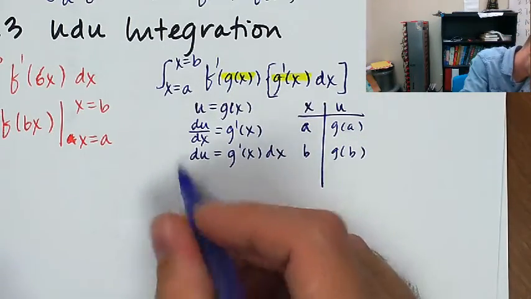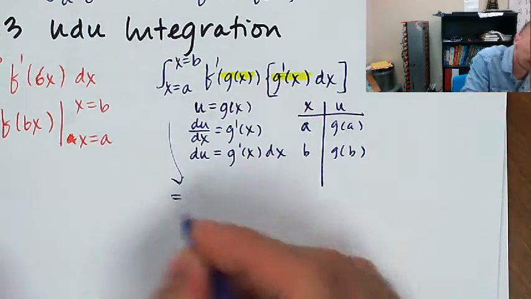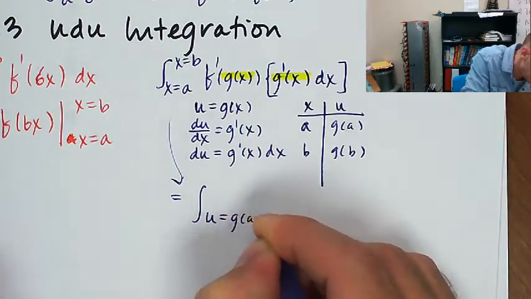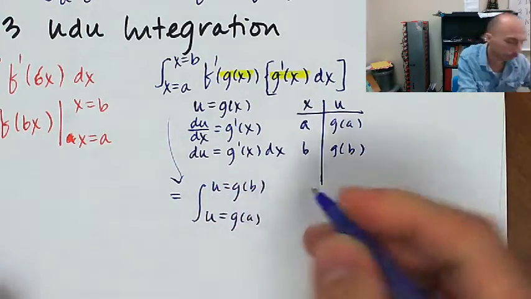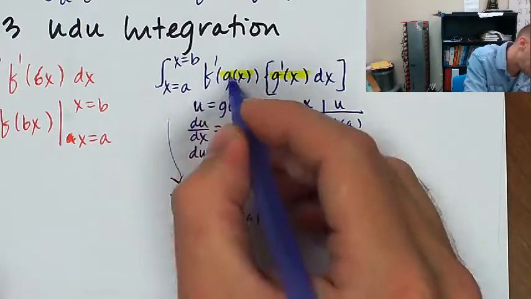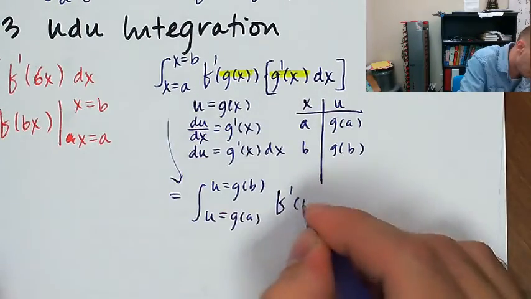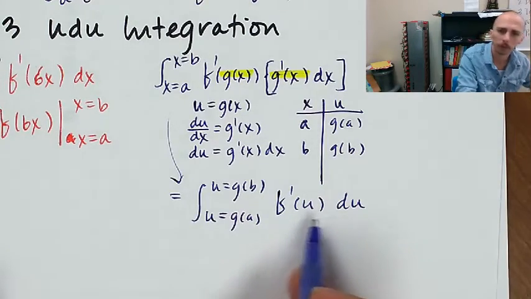So then I'll say this integral now becomes the integral from u equals g of a to u equals g of b, which are two other numbers, of f prime of, well, u equals g of x, so that's f prime of u du.